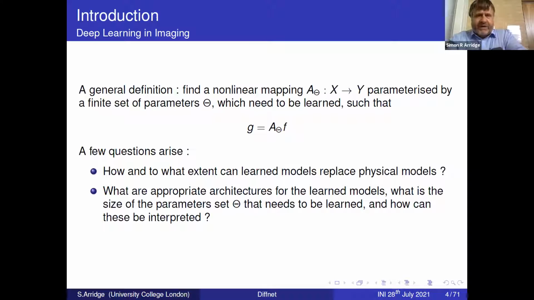So if we are concerned with, let's say, a forward problem here, we want to say that we have a mapping from spaces X to Y, and in general, we would set that up through physical principles, but we want to include the possibility of that being defined by a parametric mapping where the parameters may be learned.